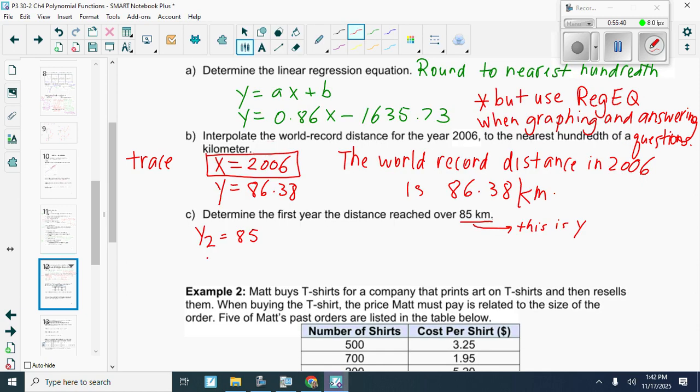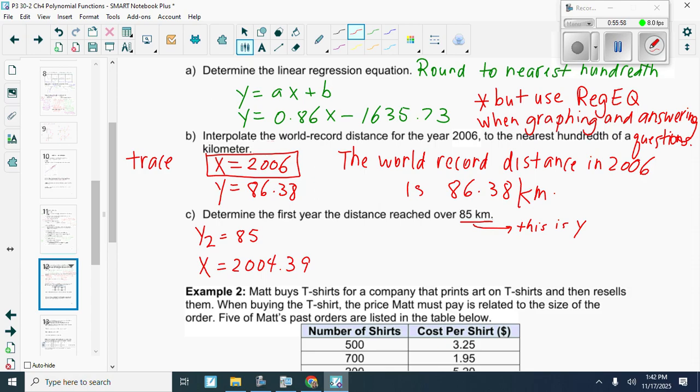So here, x is equal to 2004.39. Technically it had a decimal. However, it says determine the first year the distance reached over 85. We would round that down to the nearest year.